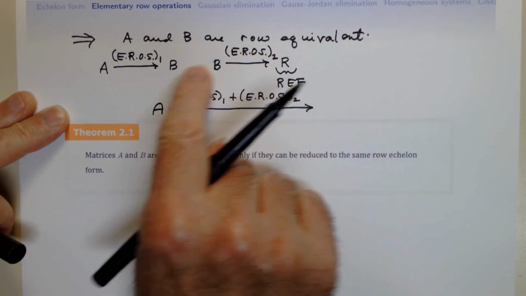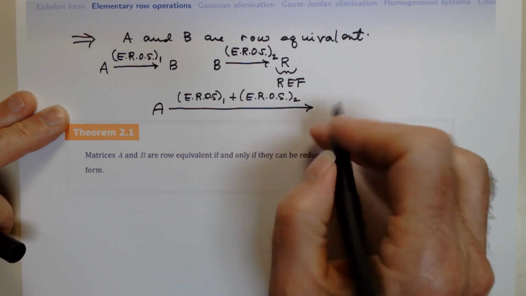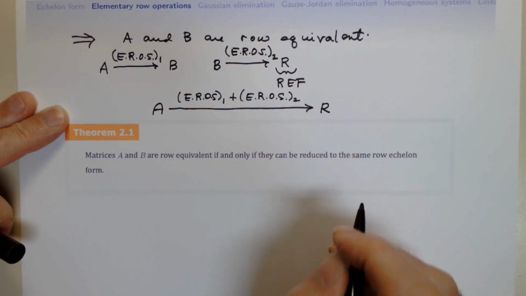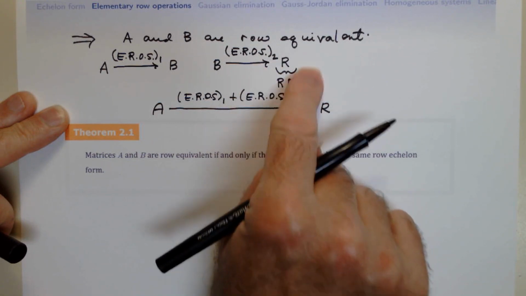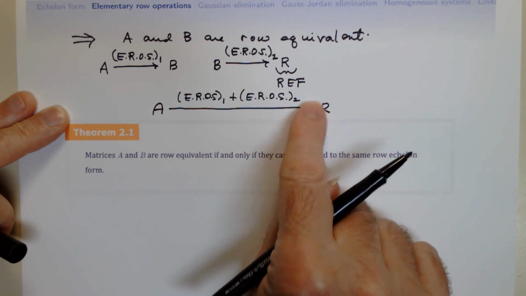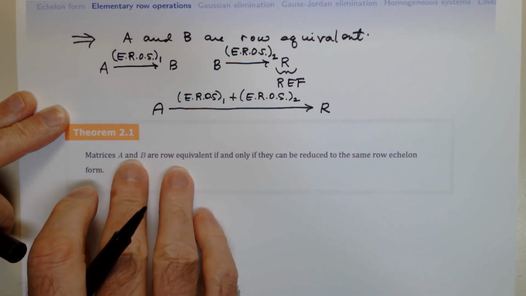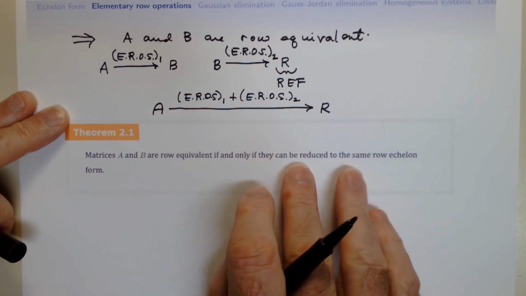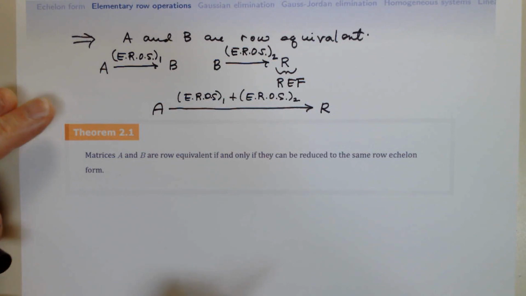In the middle, at some point I'll be at B, but then I'll keep going, and I'll end up at R. So if B can be taken to this matrix R and R is in row echelon form, then A can be taken to that same row echelon form. So we've shown that if A and B are row equivalent, then we can reduce them to the same row echelon form. In this case, we're calling it R.